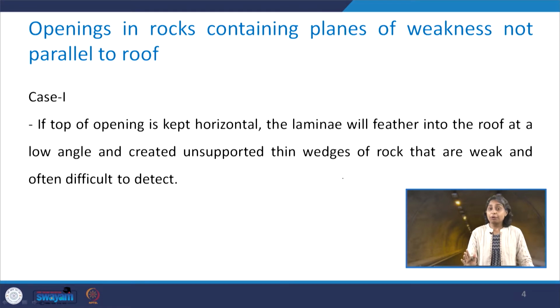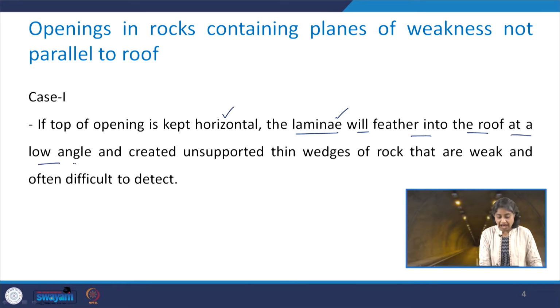Now, if the top of the opening is kept horizontal, what will happen to the layers? These lamina will feather into the roof at a low angle, because alpha is between 0 and 20 degrees, and there is going to be the creation of unsupported thin wedges of rock which will be weak, and it will be very difficult to detect these.